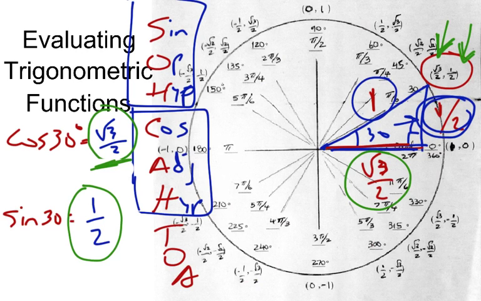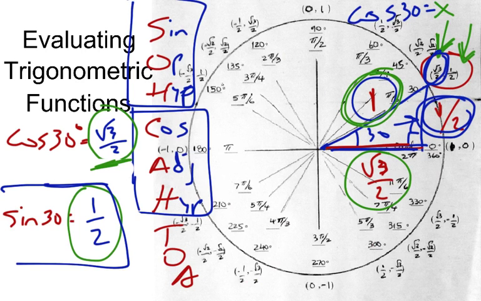So for my unit circle, and this has to be really clear, the x value is going to be related to the cosine of whatever angle you're doing. In this case I'm doing cosine of 30, so cosine of 30 will be the x value. Same thinking, the sine will be the y value.